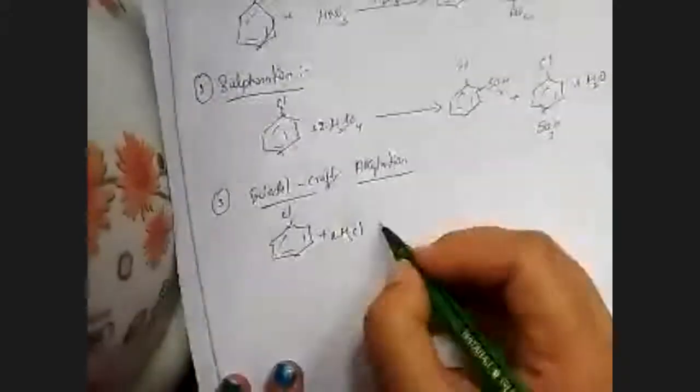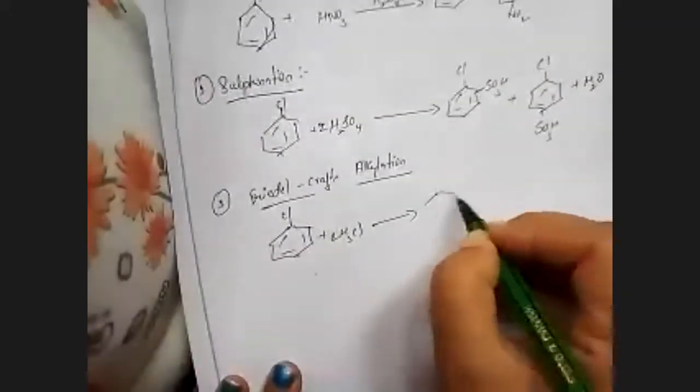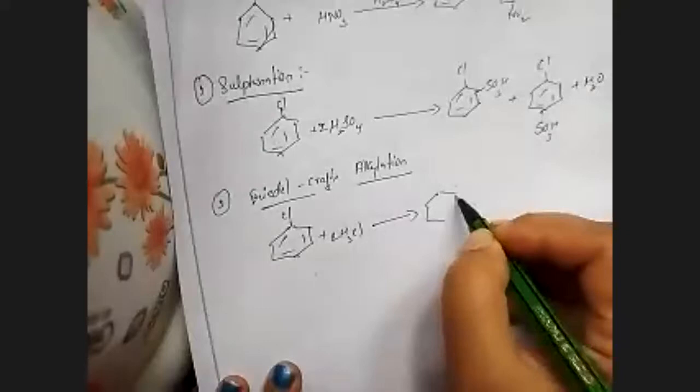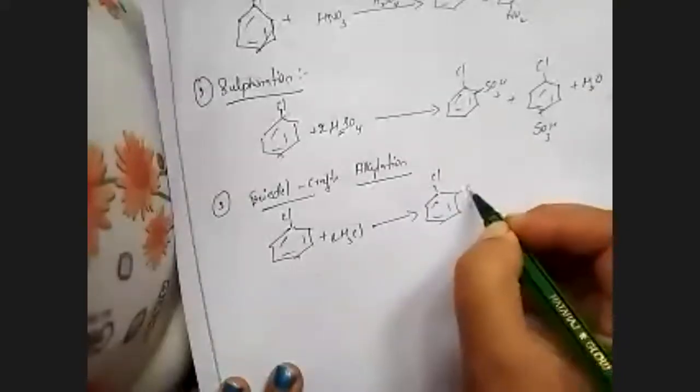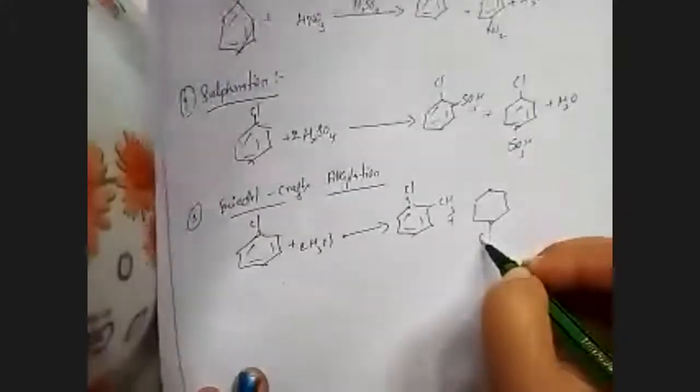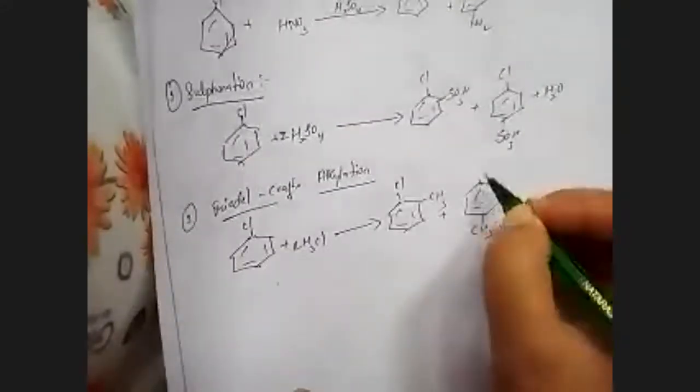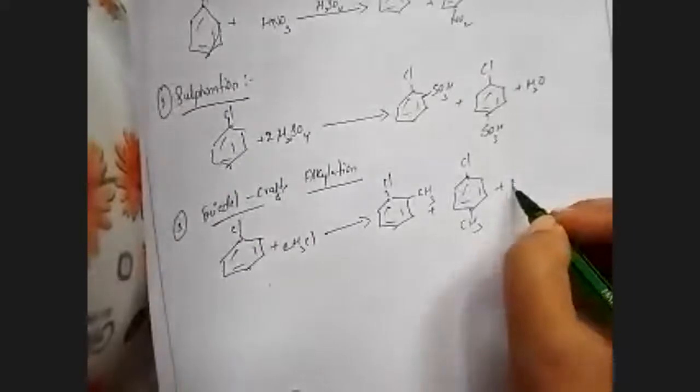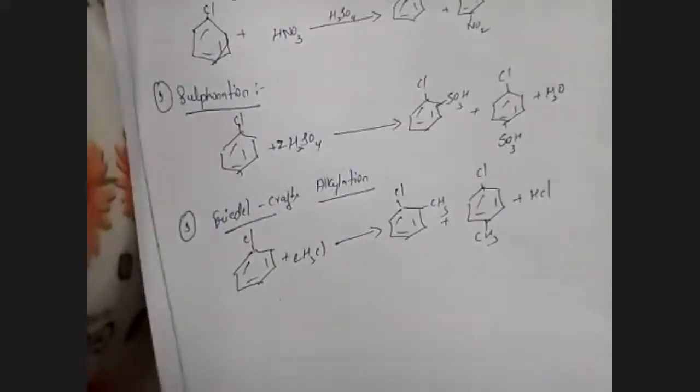CH3Cl, Friedel-Crafts alkylation. What will you get as the product? Cl as usual, and the CH3 group will attach. Again, there will be a change in the position of the group, so it gives you two products. Friedel-Crafts alkylation. Okay.